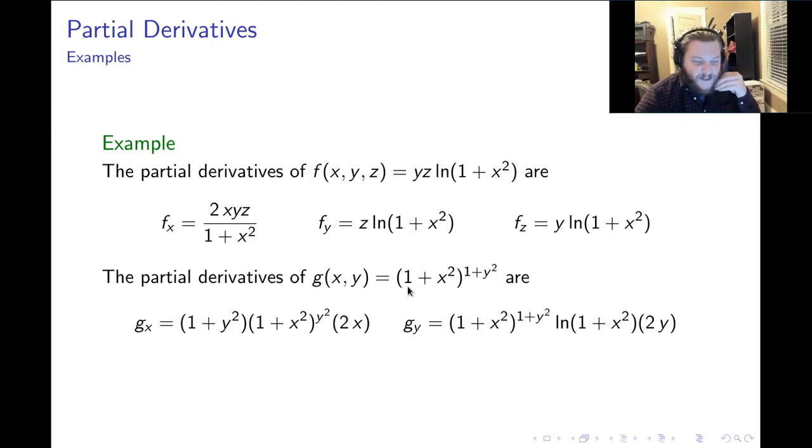The exponential rule says the derivative, when the variable is in the exponent, says we keep the expression, so that's 1 plus x squared raised to the 1 plus y squared. Then we multiply by the natural log of the base, which is the natural log of 1 plus x squared.